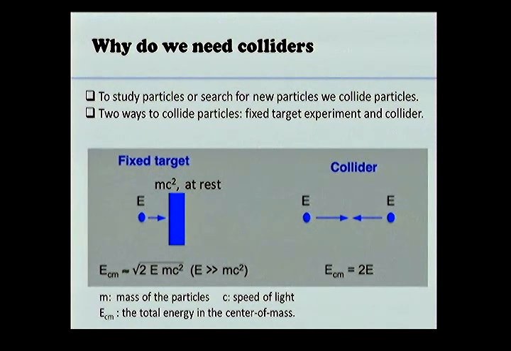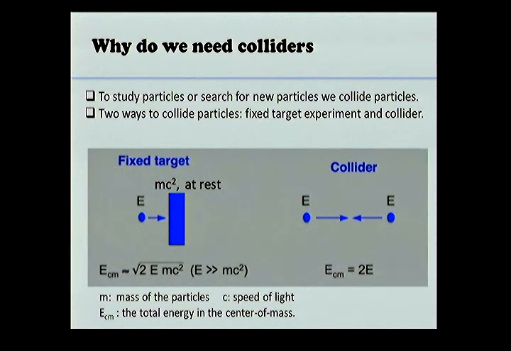The particle in the fixed target is at rest. Its energy is mc squared. M is the mass of the particle. C is the speed of light. For this kind of condition, the total energy in the center of mass is given by the square root of 2E mc squared.